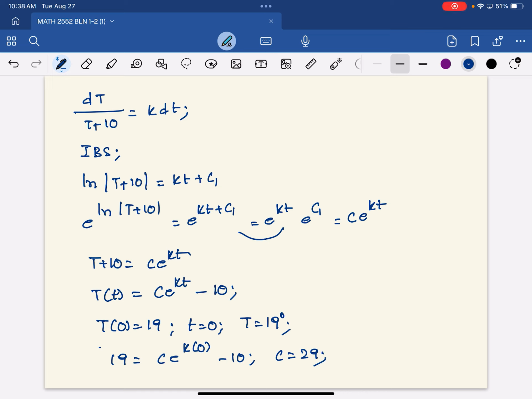So my temperature at any given time t is 29 e to the KT minus 10.